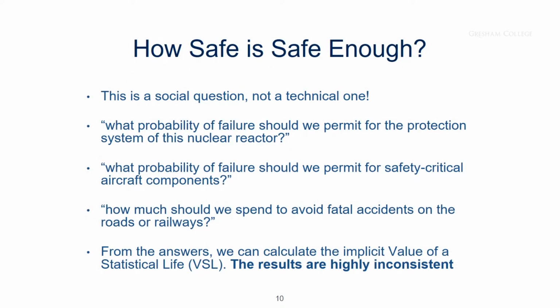And there are, as we shall see, industry figures, recommendations or standards, some of them firm regulations, for what those probabilities of failure are permitted to be. But they are social questions.